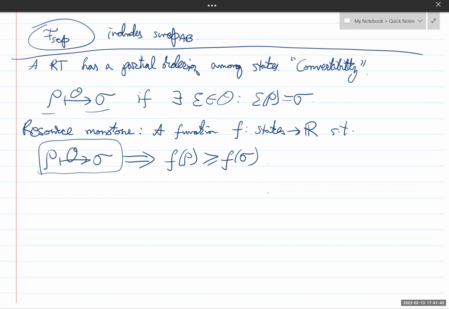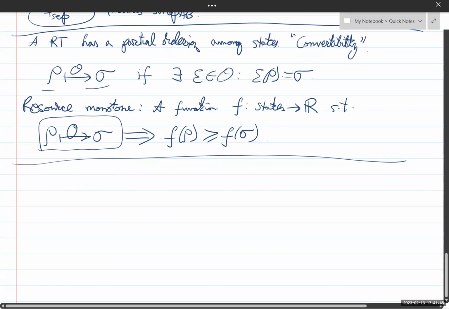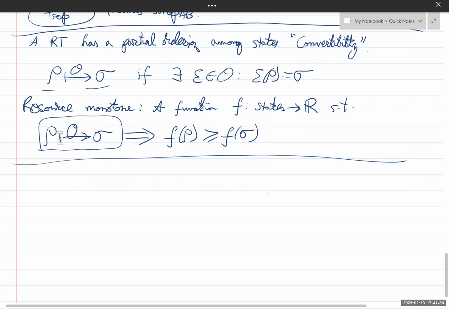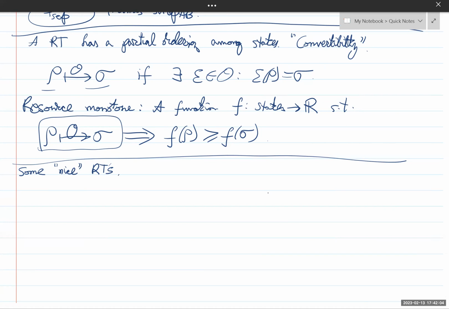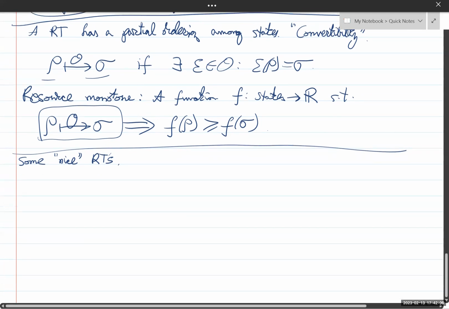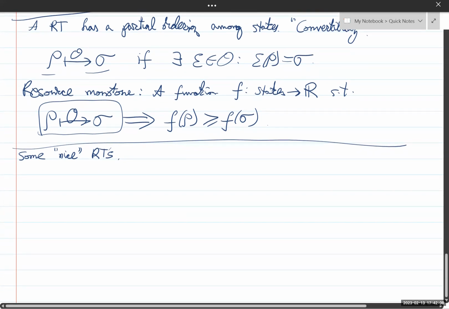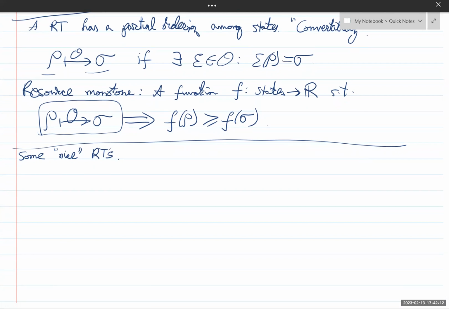So some nice resource theories, that are gentle enough on us that they admit a finite set of conditions or monotones that completely determine the convertibility conditions.